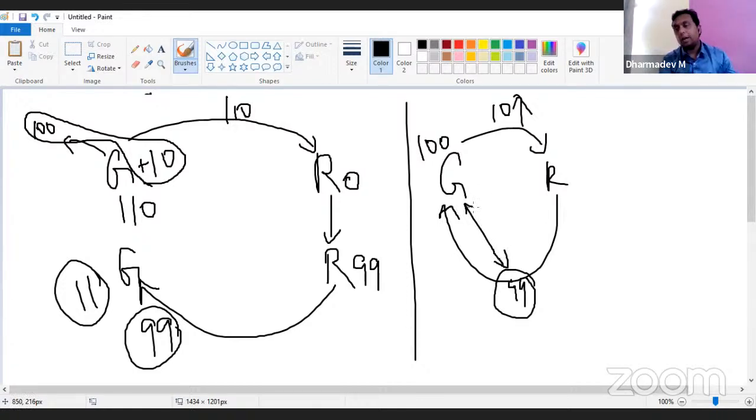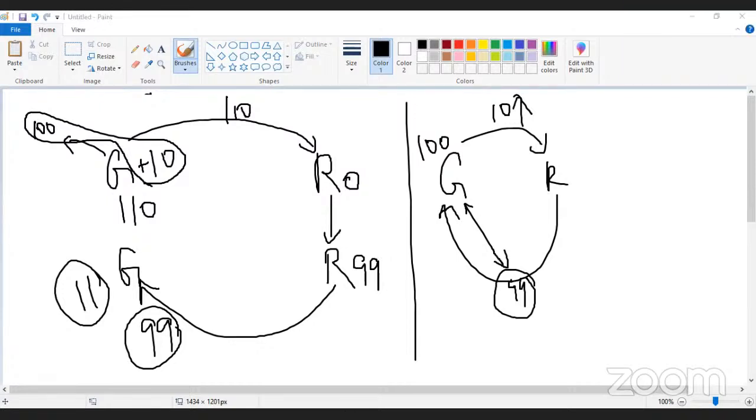He's making a 1% gain. This is the point of view of Gopal, not of Ram. Are you clear with that? Yes, sir, now clear.